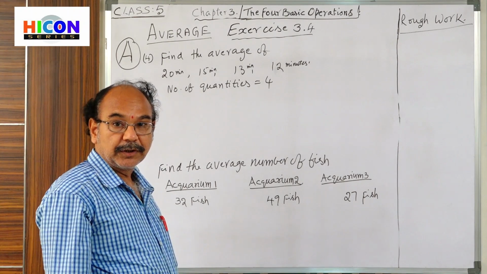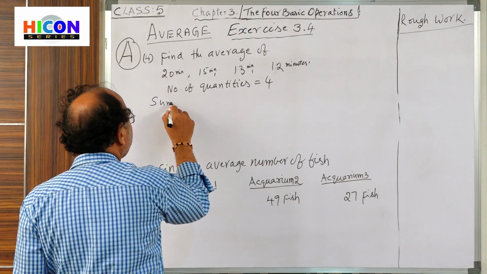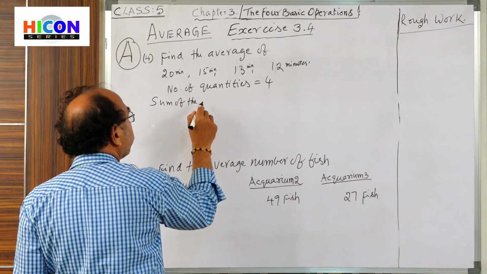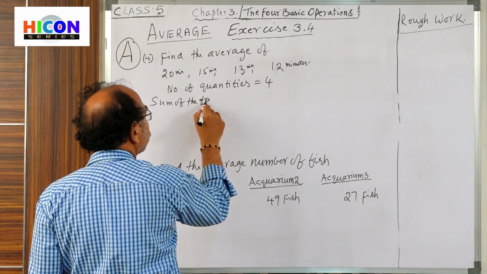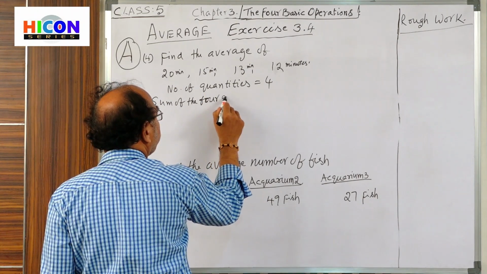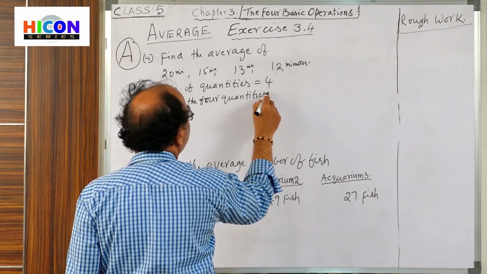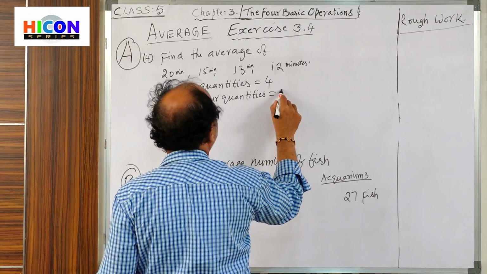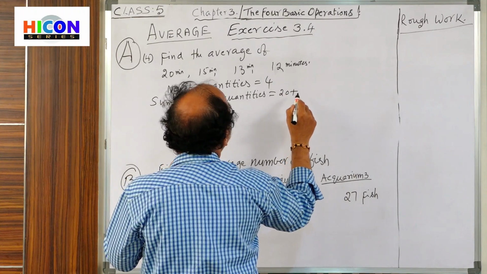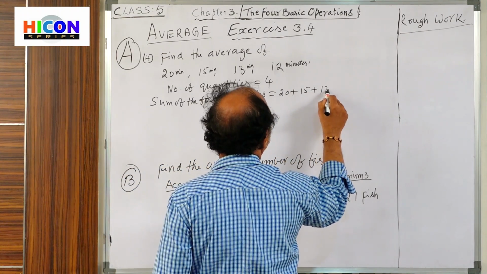The sum of the 4 quantities is equal to 20 plus 15 plus 13 plus 12.